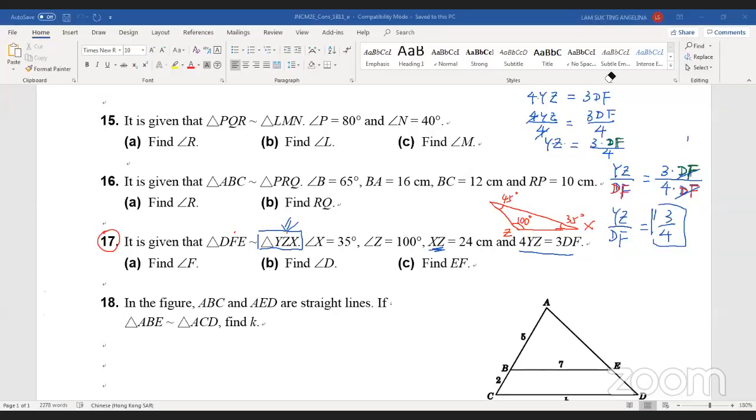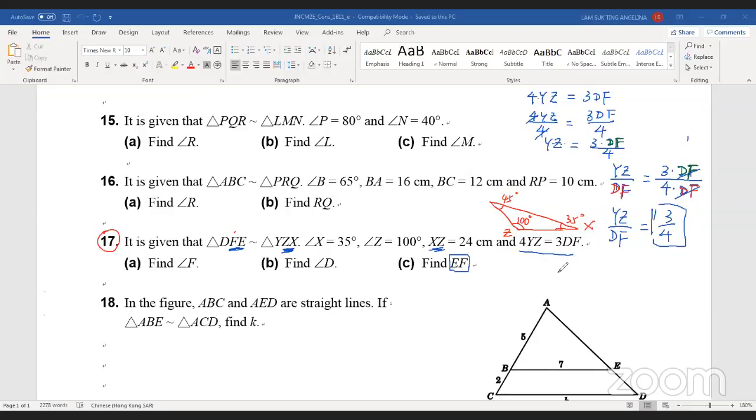Therefore in this case, it means, which length corresponds to it? Oh, sorry, not YC, XC. XC corresponds to FE or EF. It is what we want to know.